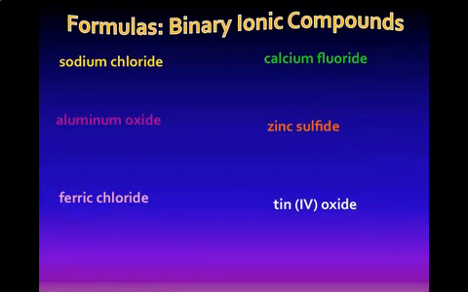So we're going to do some practice here. First we have sodium chloride, so sodium is a +1, chlorine is a -1, so that one's easy. We just stick them together because they're already equal to 0, NaCl. You always put the +1 first. Next we have calcium fluoride, and calcium is a +2 and fluorine is a -1.